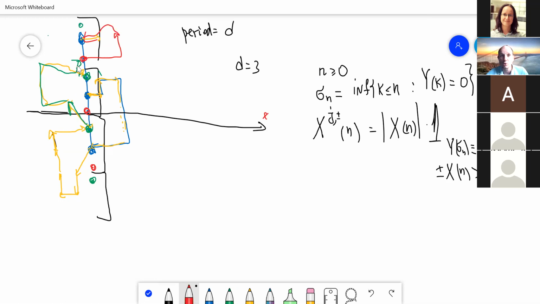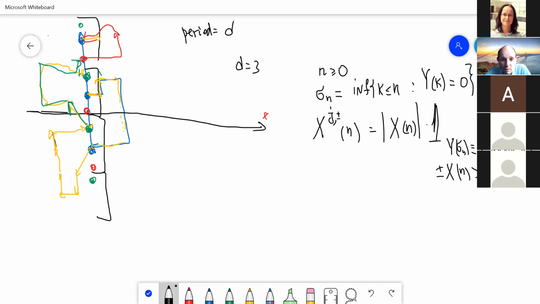So this excursion means that you consider x green negative of n. And if j is blue, but at the moment n you have a green excursion, then xj equals 0.